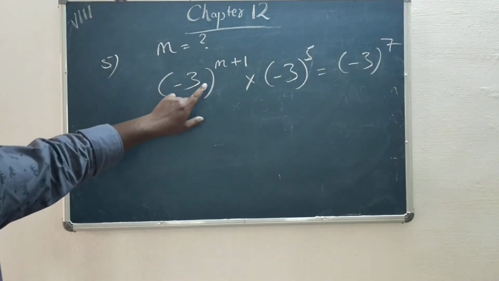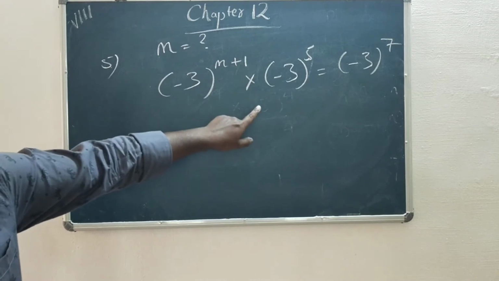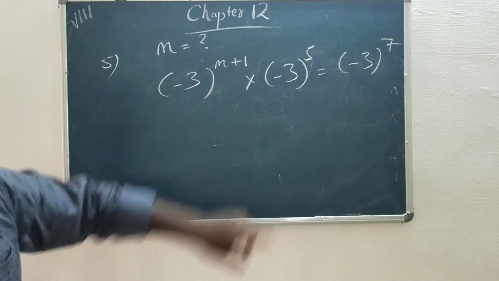Our job is to find the value of m. So: (minus 3) power m plus 1 into (minus 3) power 5 is equal to (minus 3) power 7.